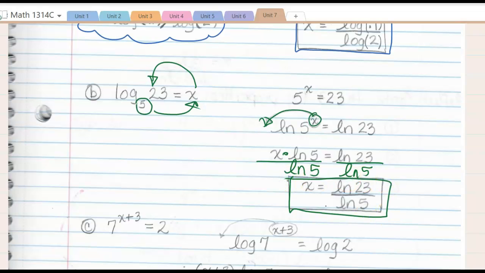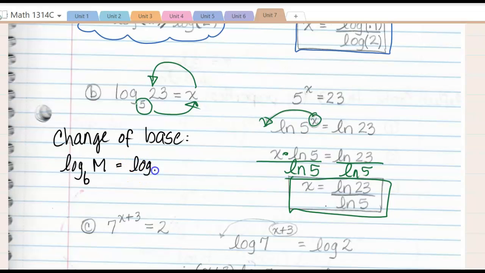Now I'm going to go ahead and mention that you might see this when you ask for help in the homework as the change of base formula. What it says is that if you have the log of some base, of some number, so we'll call it m, and you want to change the base into something that you know, then you can rewrite this as the log of some other base of m divided by the log of that other base of b.